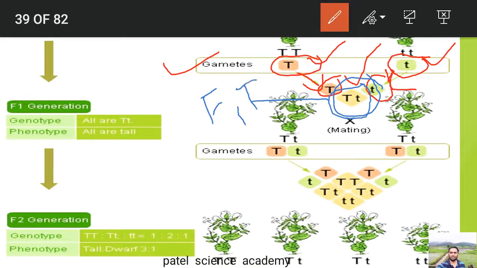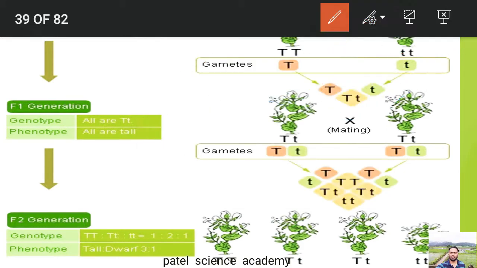So why are they tall? Because of the capital T gene. So dear students, their F1 generation is tall. In this F1 generation, tallness is the dominant character, while the recessive character is indicated by small t, and it does not appear in the F1 generation.